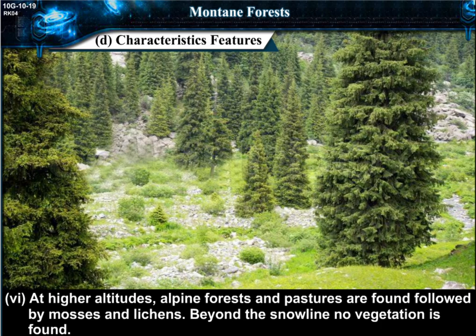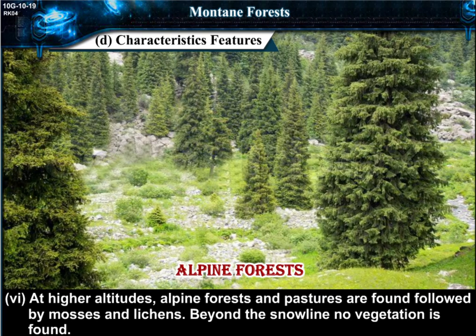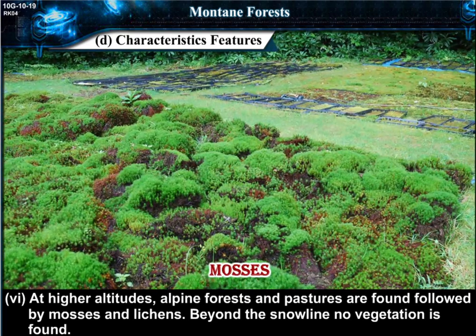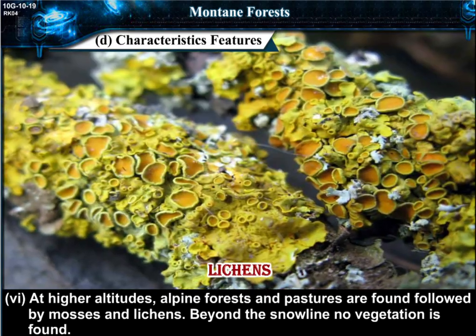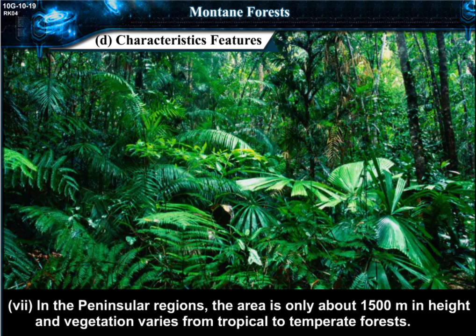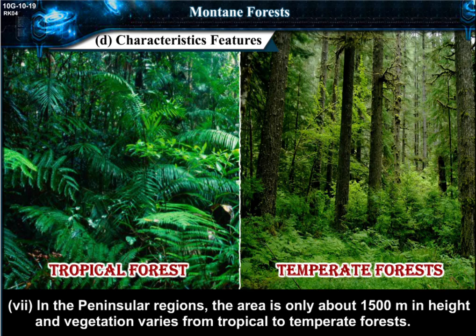Sixth, at higher altitudes, alpine forests and pastures are found, followed by mosses and lichens. Beyond the snow line, no vegetation is found. Seventh, in the peninsular regions, the area is only about 1,500 meters in height and vegetation varies from tropical to temperate forests.